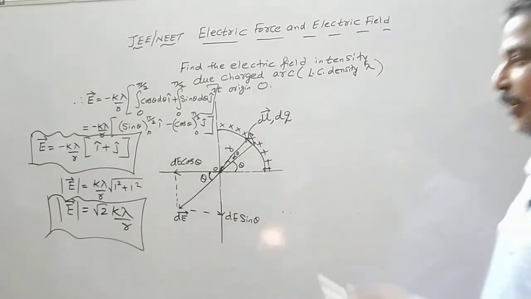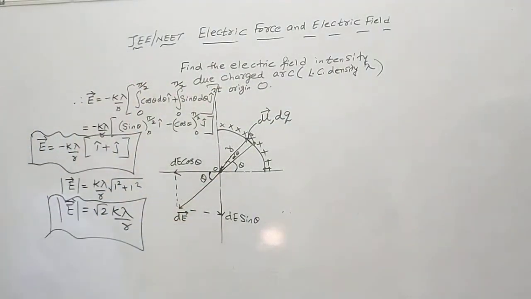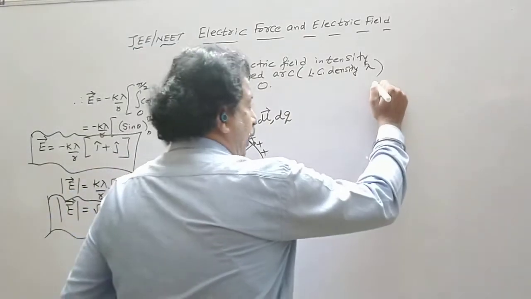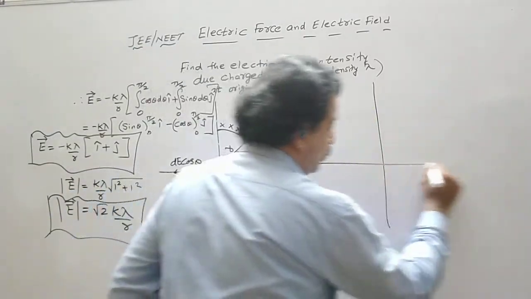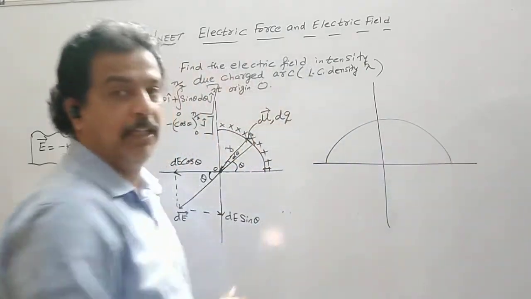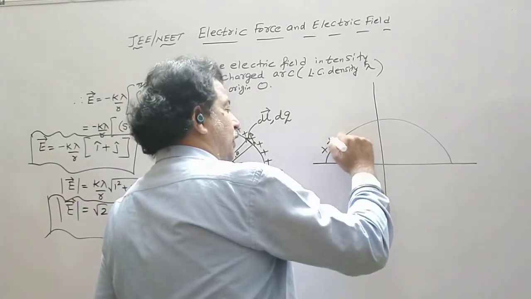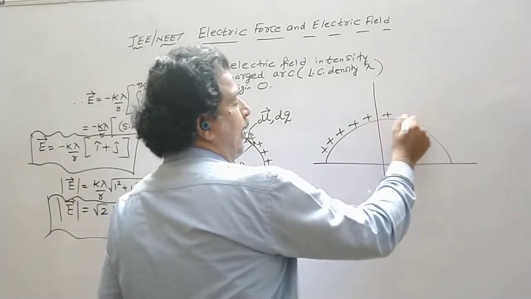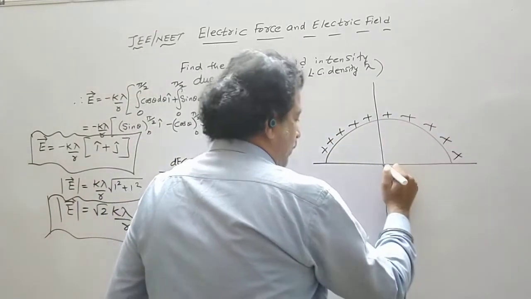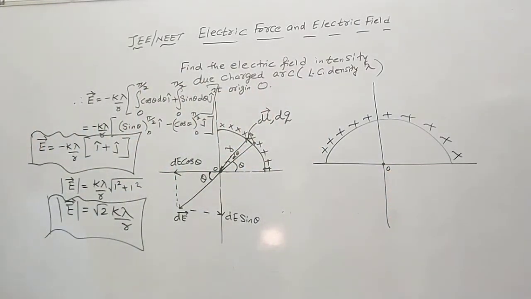Now suppose if you remember this portion, then the diagram may change, and in some MCQ we have a semicircle, where the linear charge density is again lambda given. Now we have to find out the electric field intensity at this point.